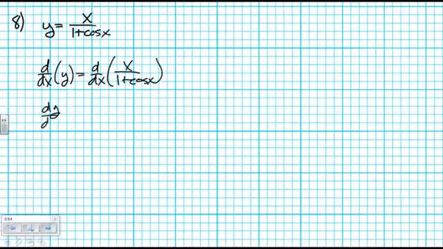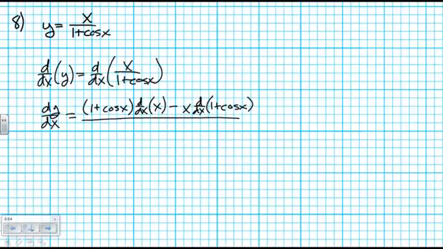We get dy dx is equal to bottom times the derivative of the top minus the top times the derivative of the bottom, and that's all over the bottom squared.